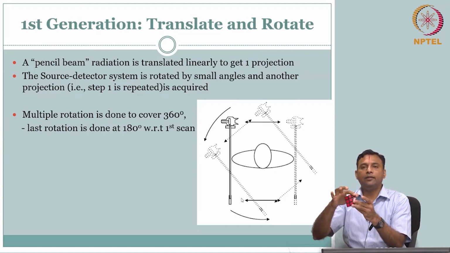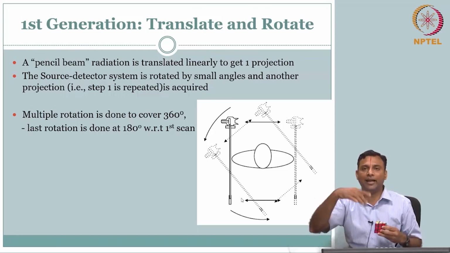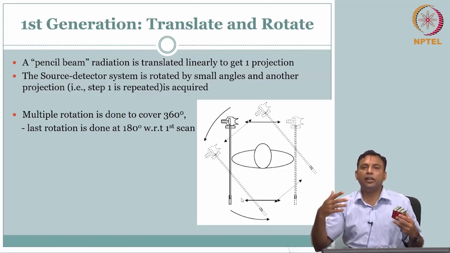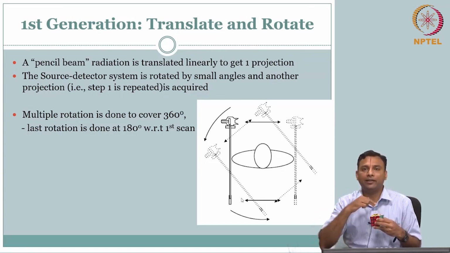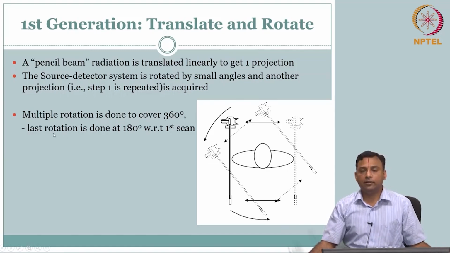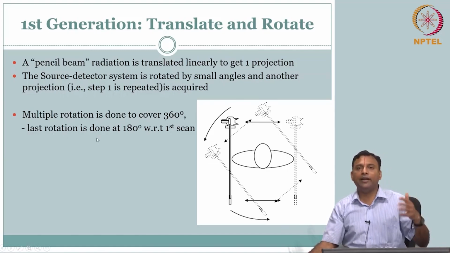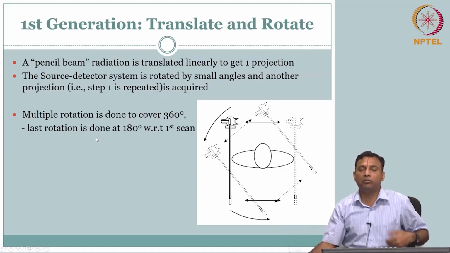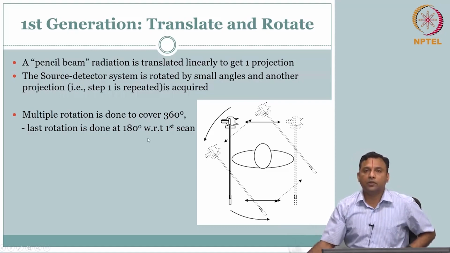So in some sense, after 180 degrees you are not getting a new view; it is the same line path. Therefore, even though you cover 360 degrees, you do not want to get the same information again after 180 degrees. Okay. So that has to be ensured, but otherwise the idea is that multiple rotations are done.